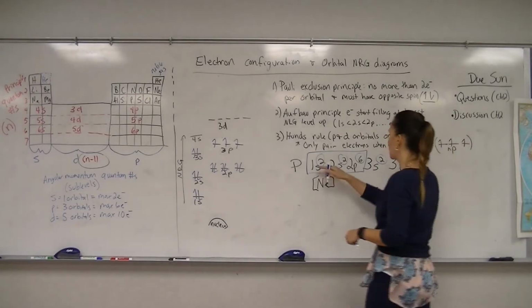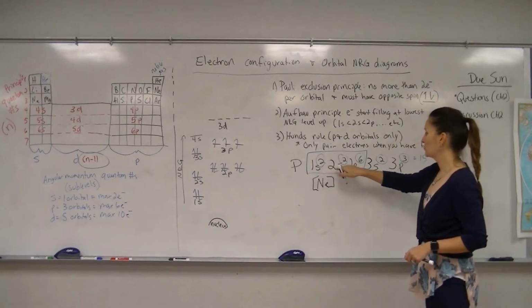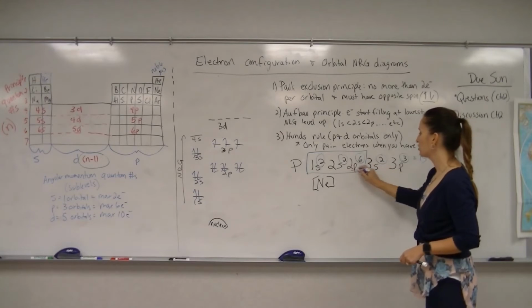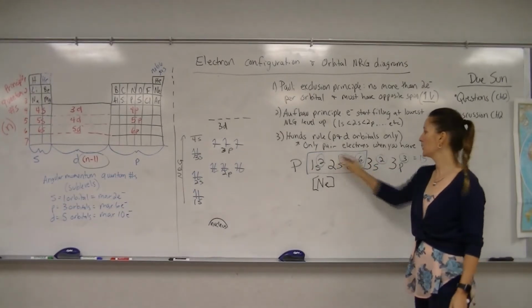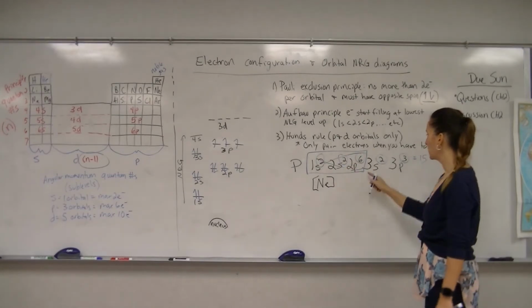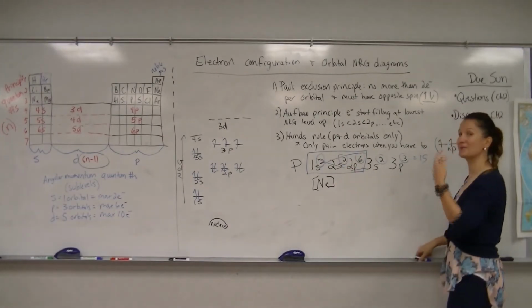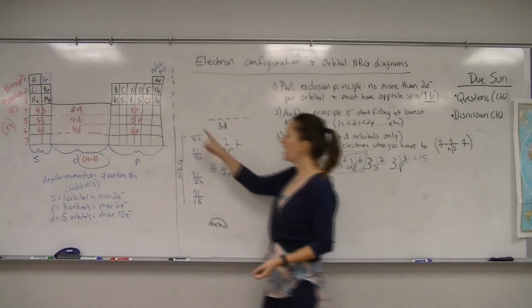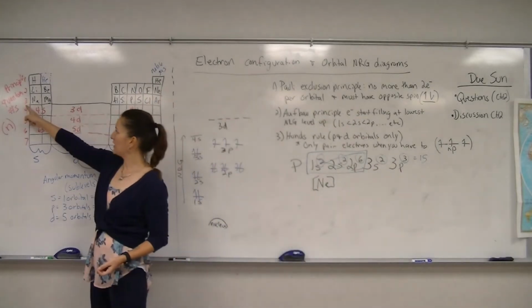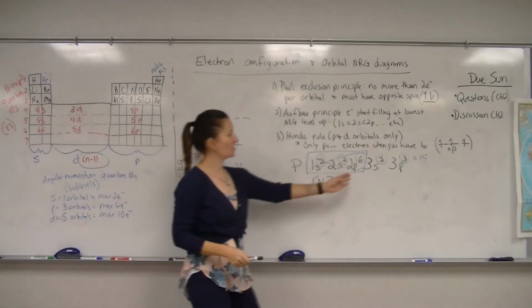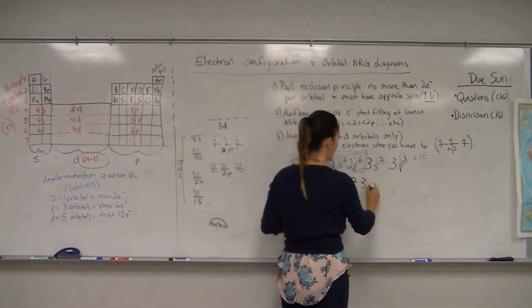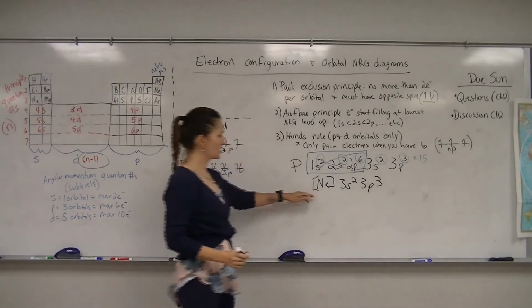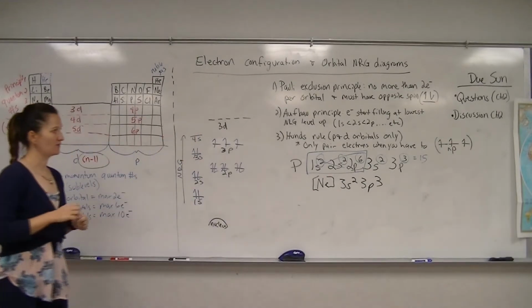We don't need to write 1s2, 2s2, 2p6, because 2p6 represents neon. We just need to include what comes after neon, which is period 3, the s block. So we're still including this last portion, 3s2, 3p3. This is another way to write that same electron configuration.